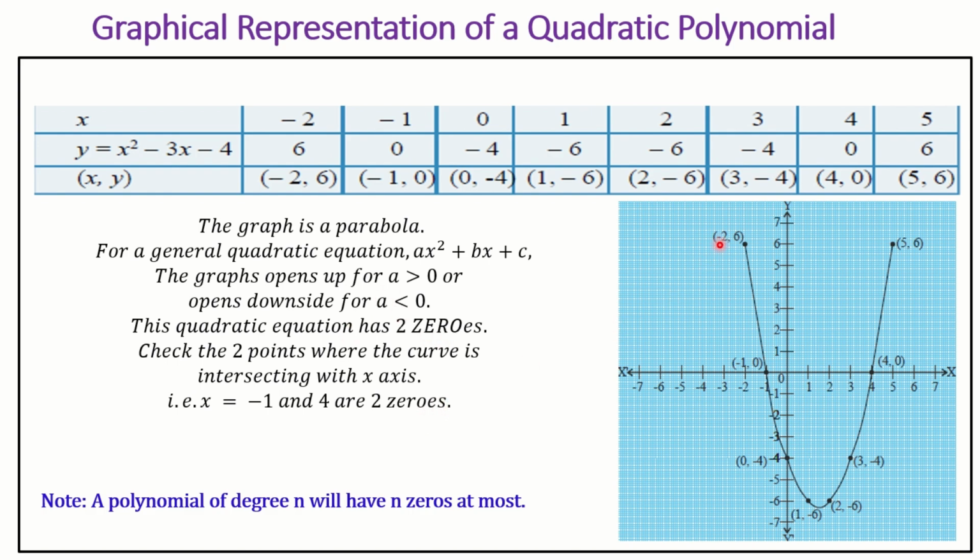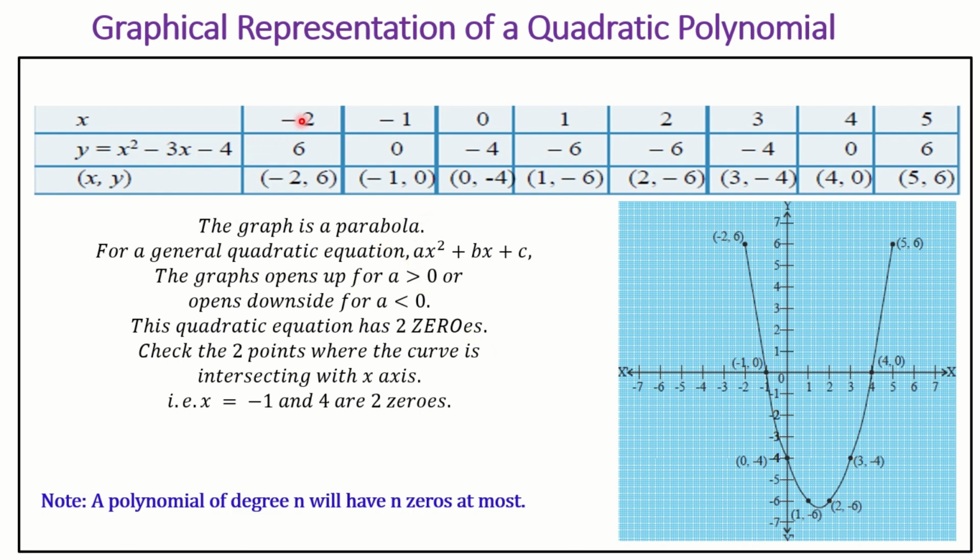Now look at how this graph is drawn. For a linear graph, we know that for drawing a line, 2 points are enough, right? But for a bell curve like this or a parabola like this, it's better to take a few points. This point is most important, where it takes a turn upward.